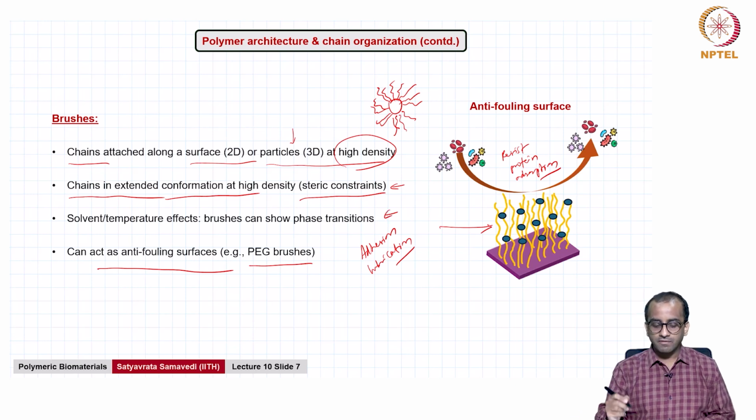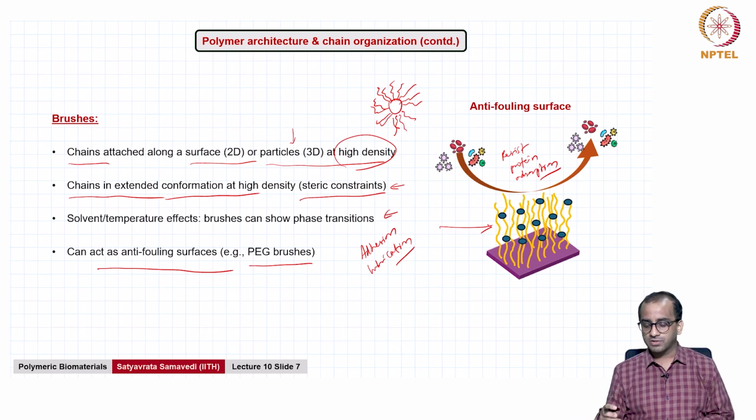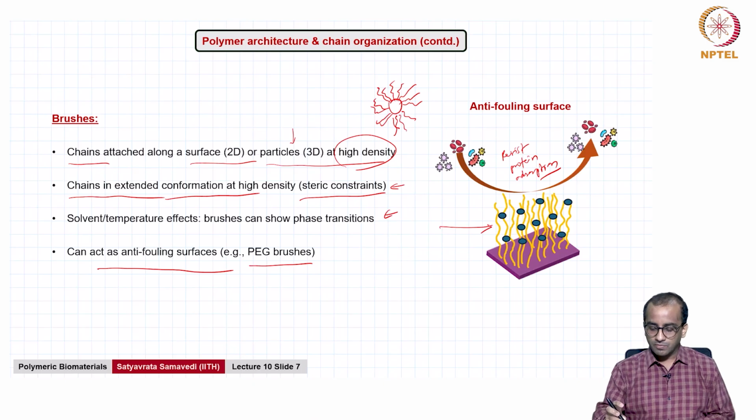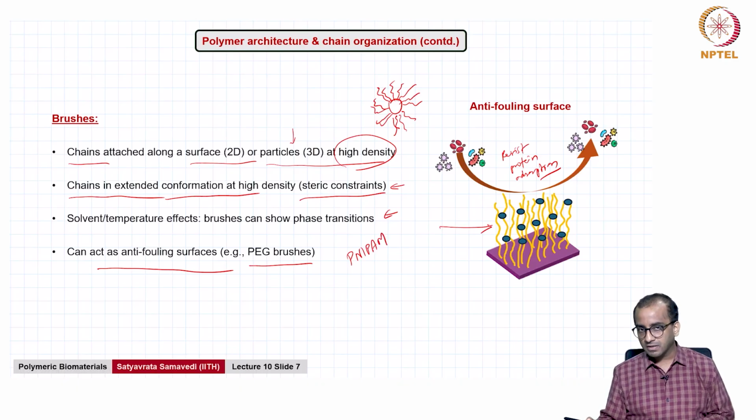Interestingly, you can also have brushes that show phase transitions, and one example of that is if you are able to take this polymer, poly N-isopropyl acrylamide, in short polyNIPAM or PNIPAM.